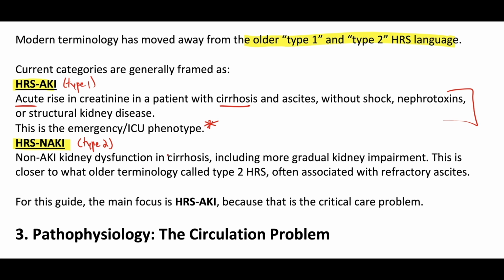But just to shout out HRS-NAKI, or type 2 HRS, this is the non-acute kidney injury form of HRS, right? This is a patient with cirrhosis who has more gradual kidney impairment over time, and it's often associated with refractory ascites. But for the sake of this episode, we're not going to be focusing on HRS-NAKI. We're going to be talking about this type 1, this HRS-AKI.